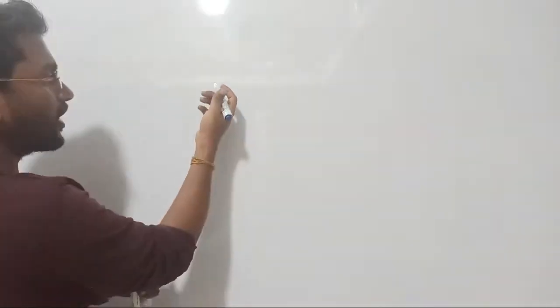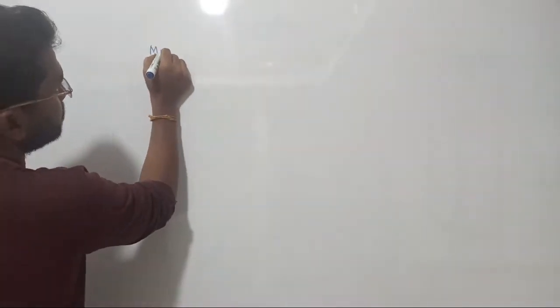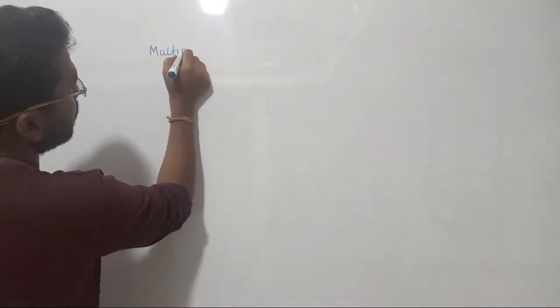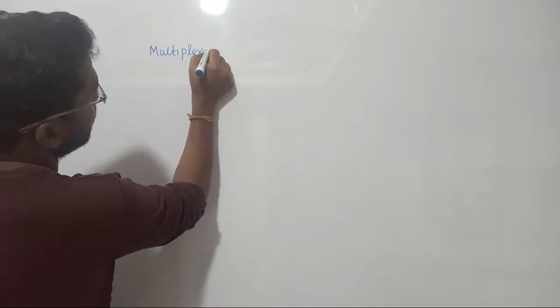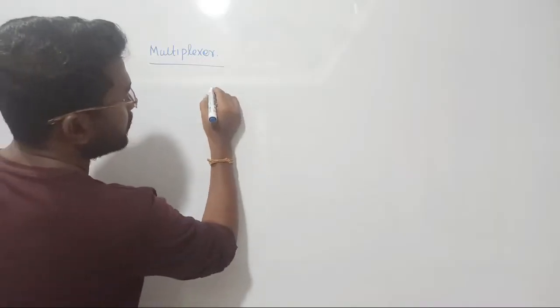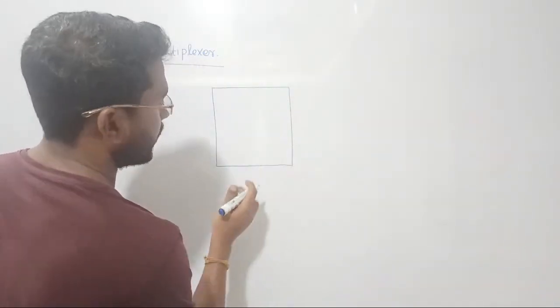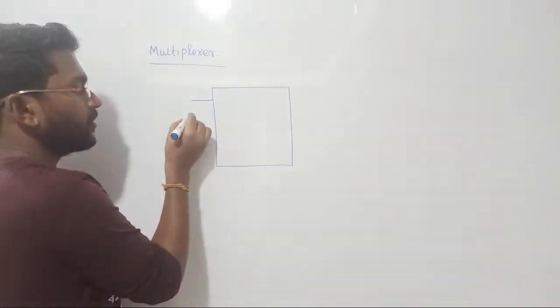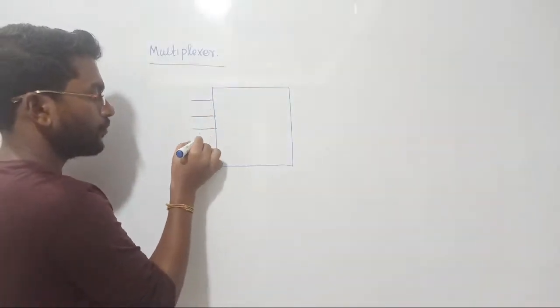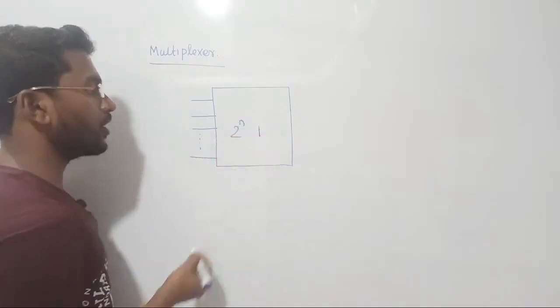So with the help of an example, we are going to design a multiplexer. First we are going to design the multiplexer circuit. In general, let me develop the general multiplexer circuit from the input side. From the input side we are going to consider 2 power n input lines with only one output line.